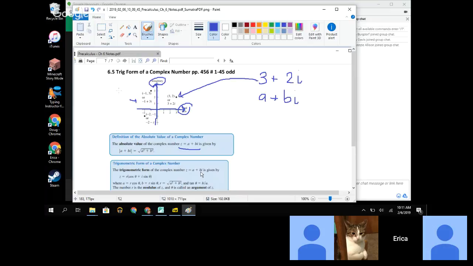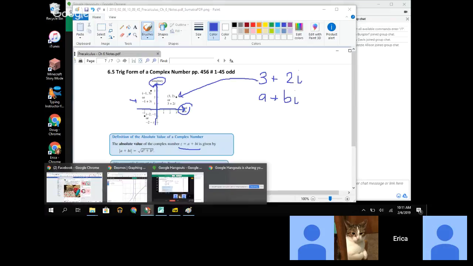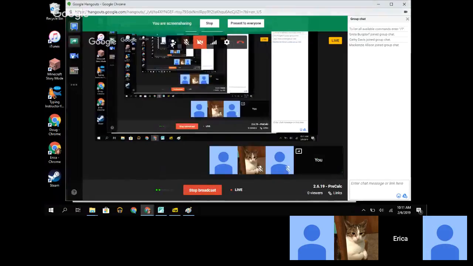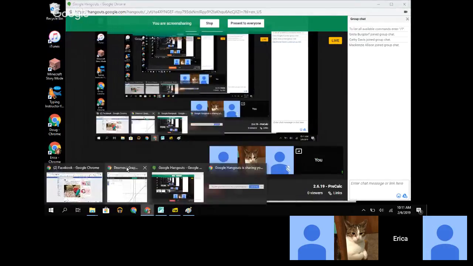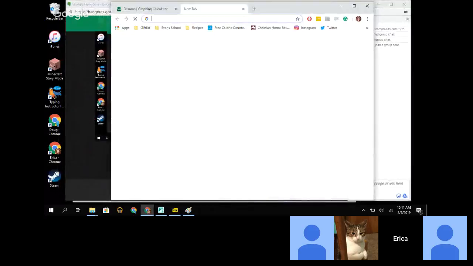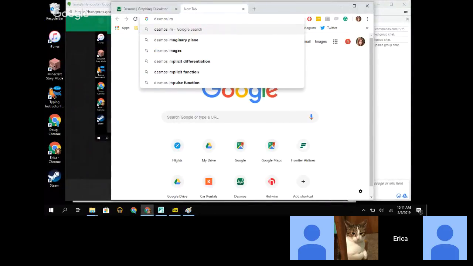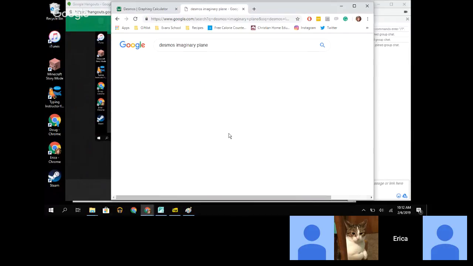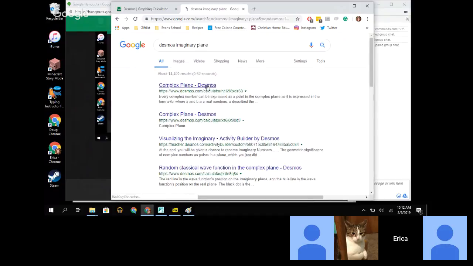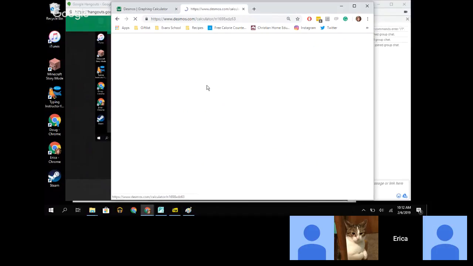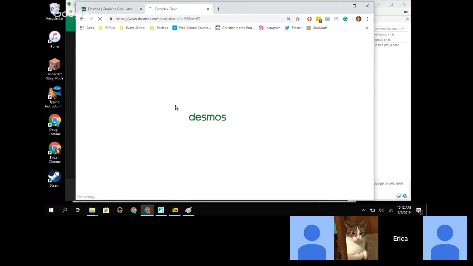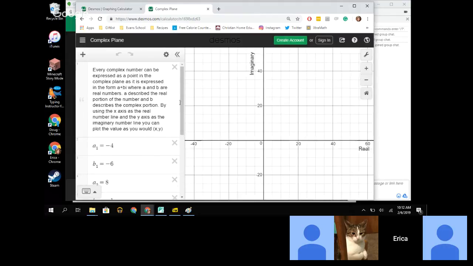I was looking right before you guys hopped on. I was looking on my phone, so I know that this isn't crazy to do. If you go into Desmos and you type Desmos imaginary, or yeah, they do have imaginary plane. So complex plane or imaginary plane, they just have a basic, it's not a separate calculator for it, but if it loads, you'll see.